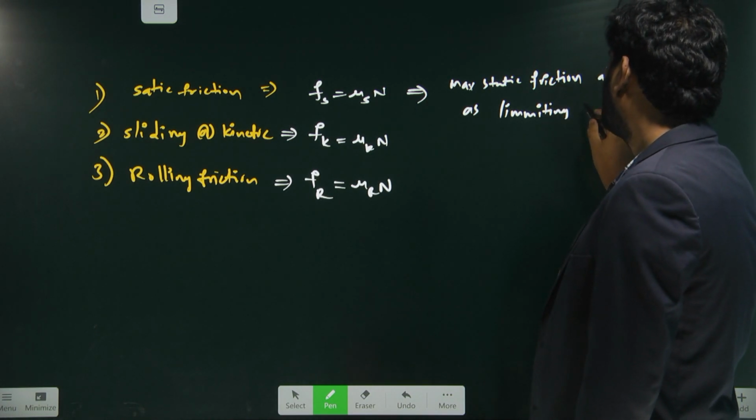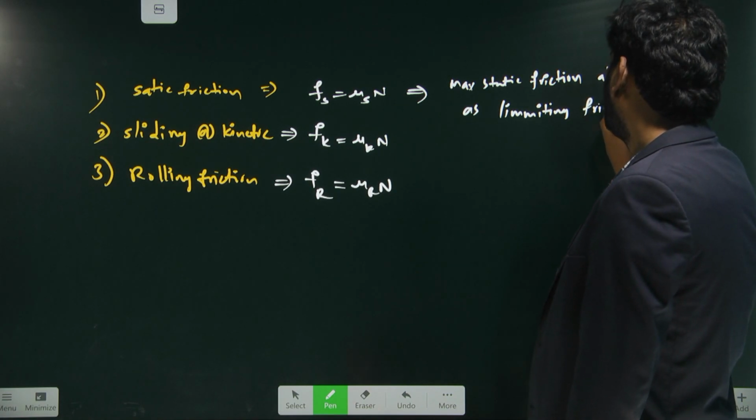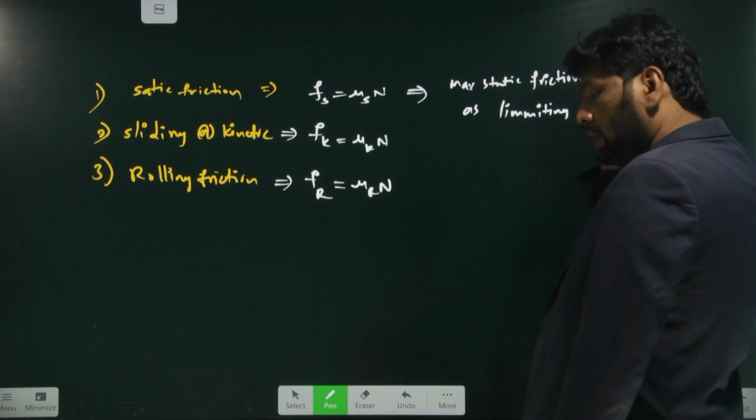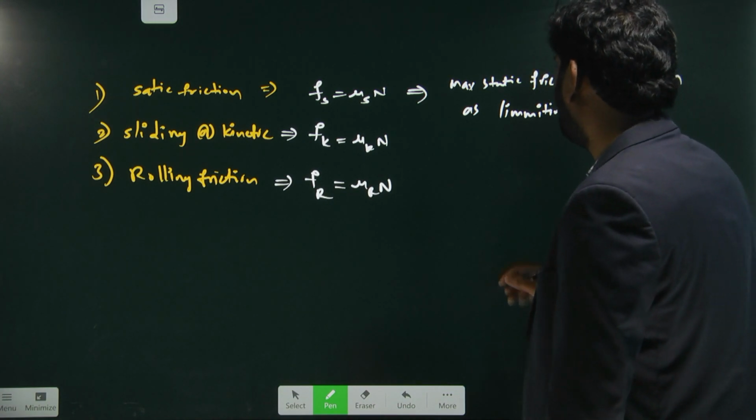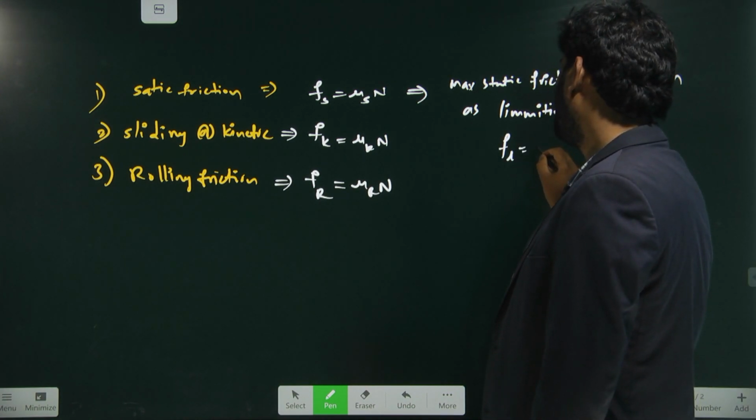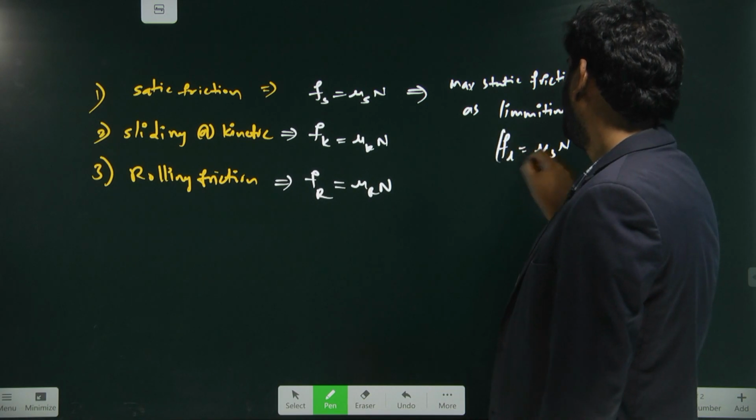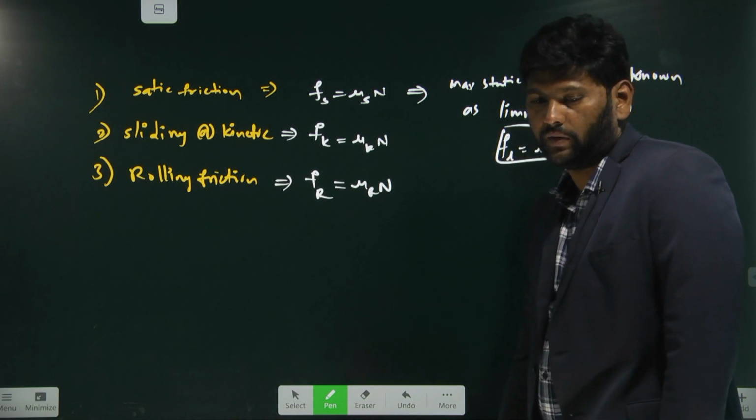The formula for limiting friction is Fl is equal to mu s into N.